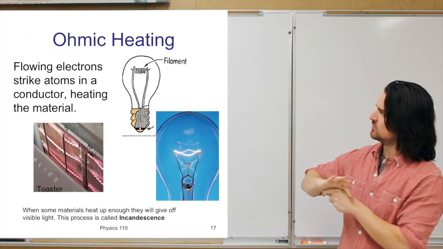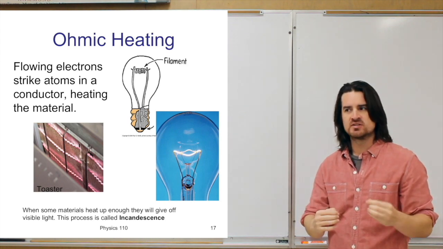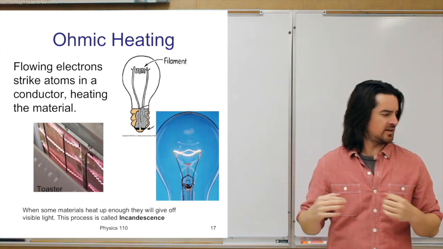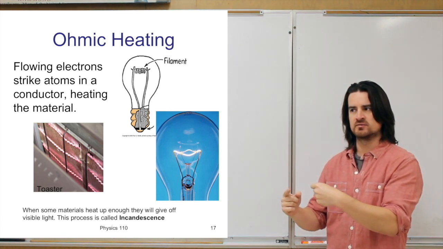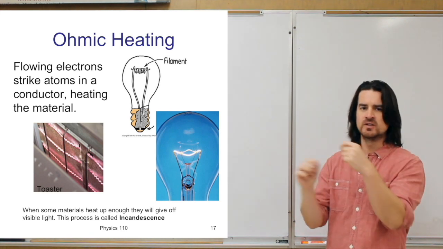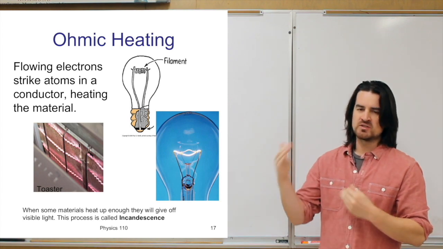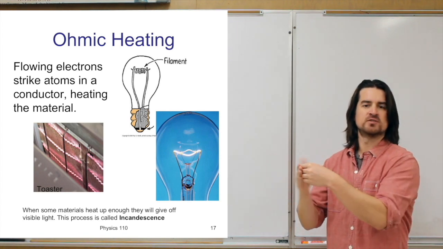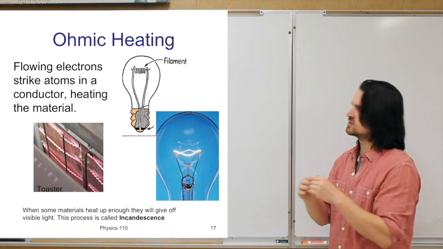Okay, so given that materials have resistance, and if you think back to the last slide, that is resistance to those electrons being able to move freely through a material. More specifically, that resistance is essentially those electrons bumping into things in the material, things that are impeding the flow of those electrons.